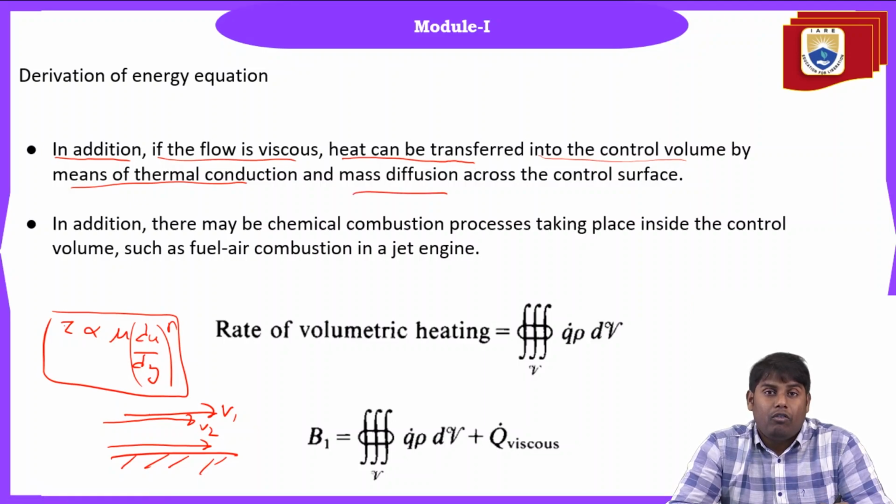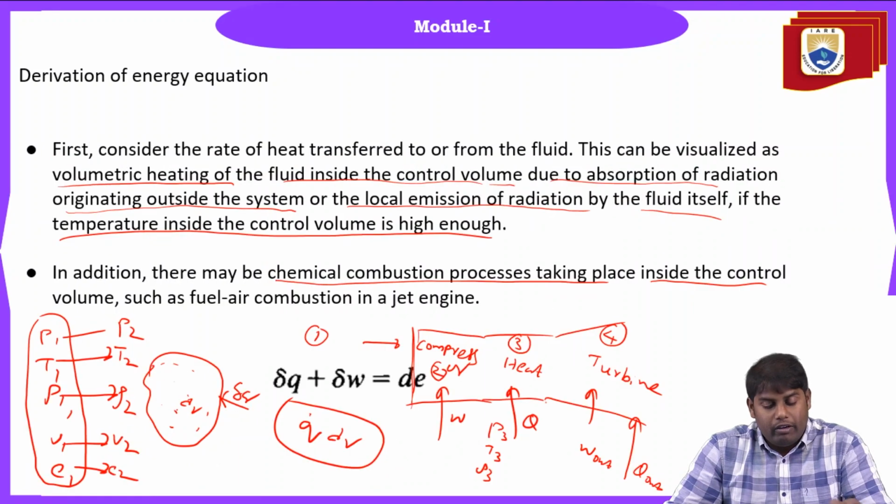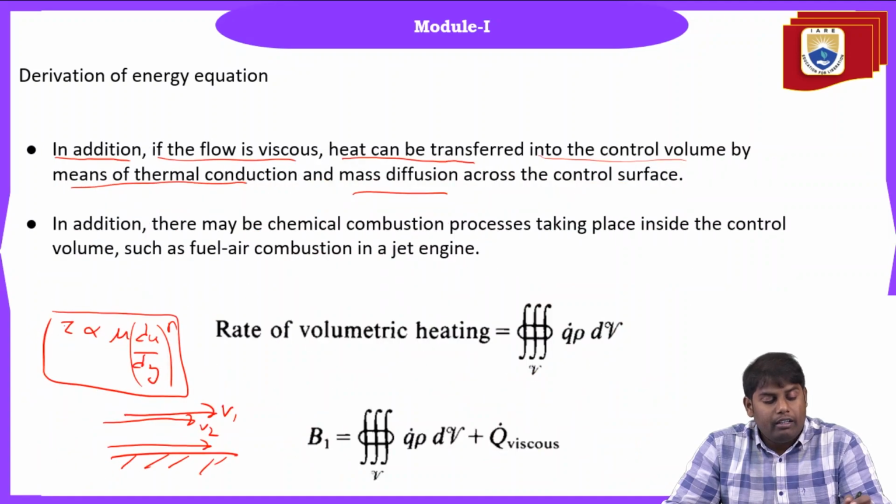Previously we have seen radiation, or the temperature evolved from or absorbed by the system, or heat addition coming from the combustion chamber. But here the flow viscosity is making heat transfer to the control volume by means of conduction or mass diffusion.